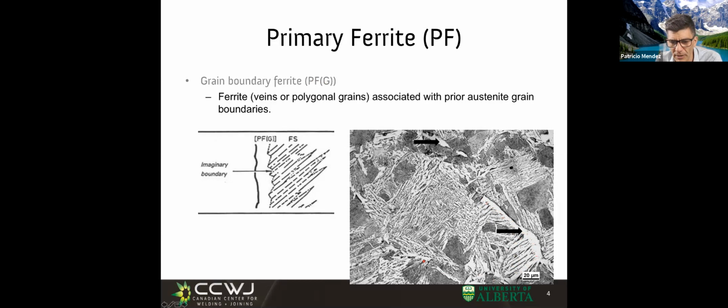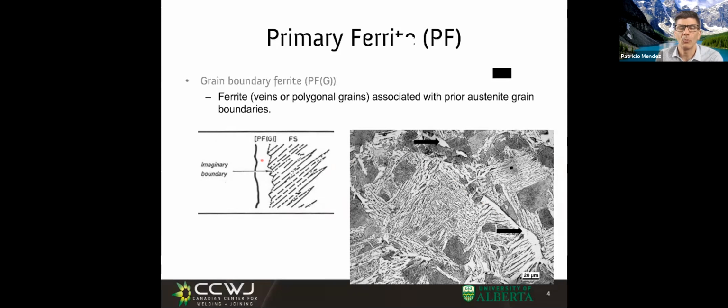See how it keeps going here. And of course, it's not perfectly continuous. It takes a turn here, or maybe it went continuously here. But you see how it makes kind of a loop. This we call PFG, primary ferrite at the grain boundary of the austenite.